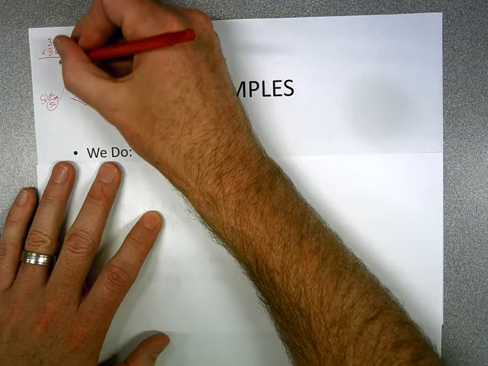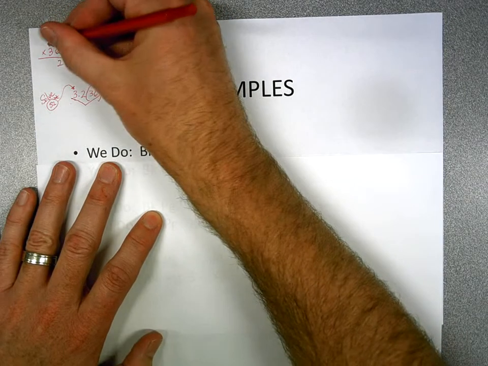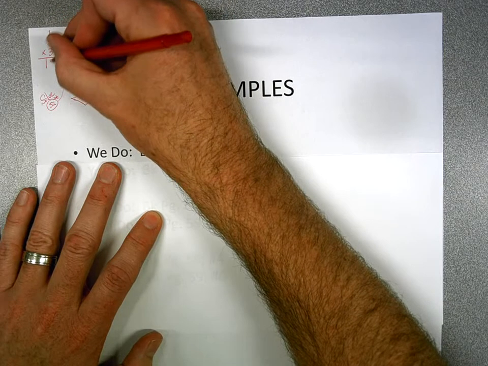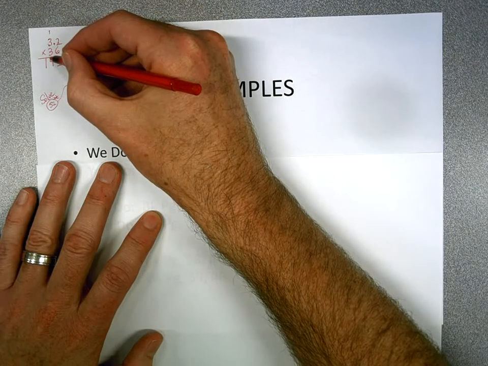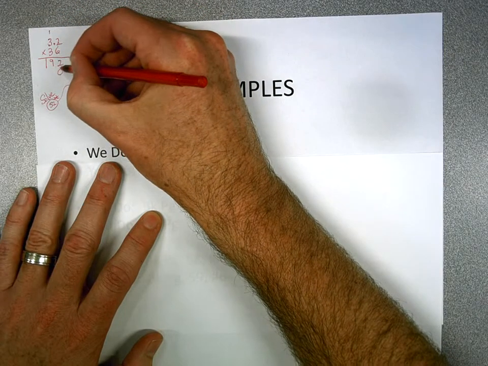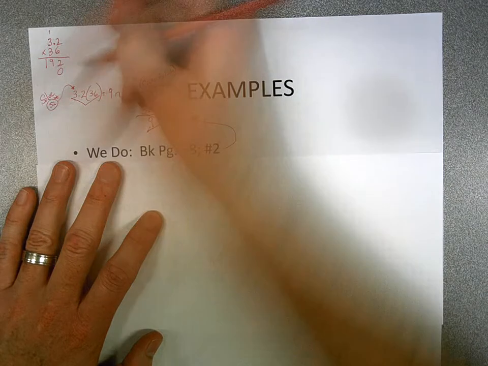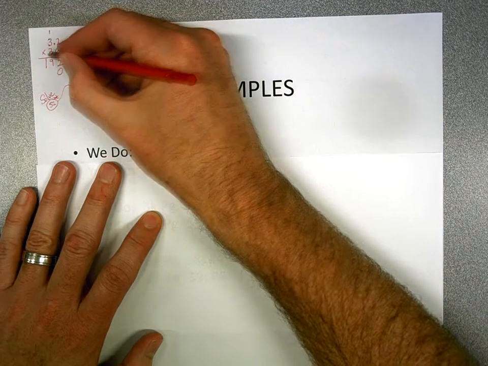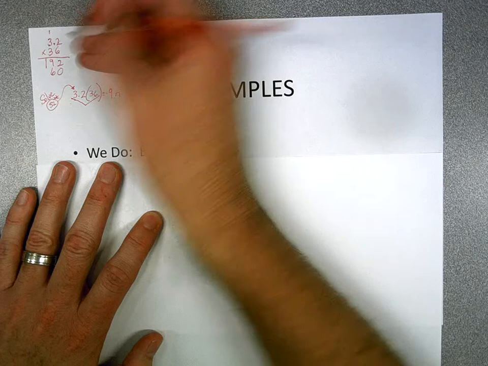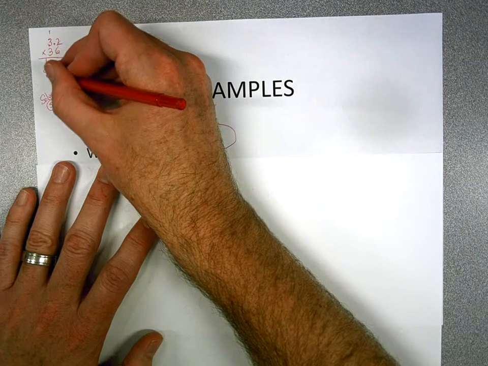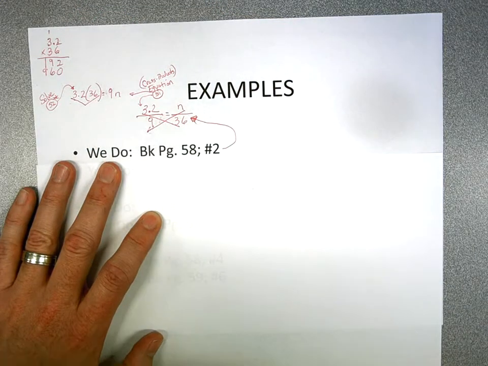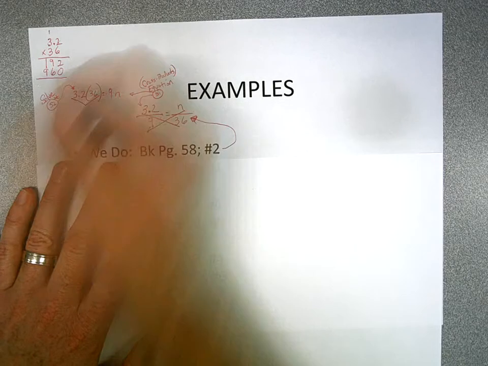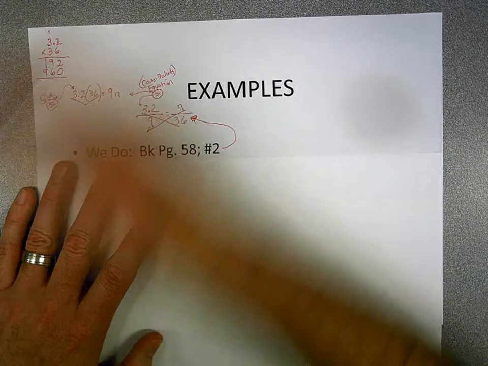6 times 2 is 12, carry the 1. 6 times 3 is 18, plus 1 is 19. I'm moving over 1 because I'm now going to be multiplying by 30, so I put a 0 down. So 3 times 2 is 6. 3 times 3 is 9. All right, so I go ahead and add.